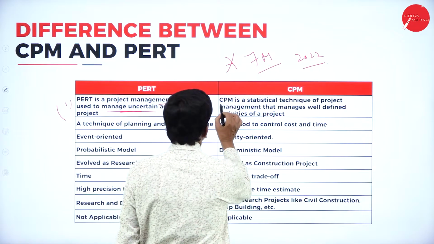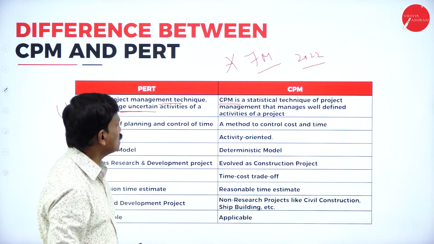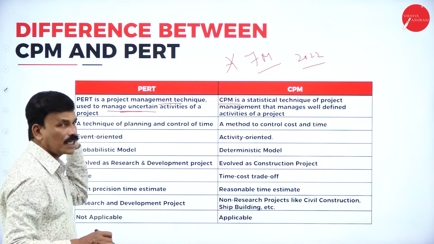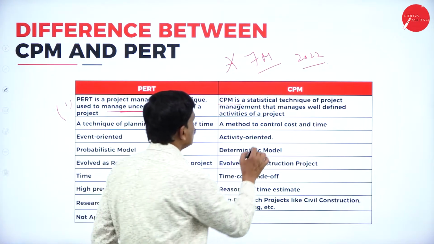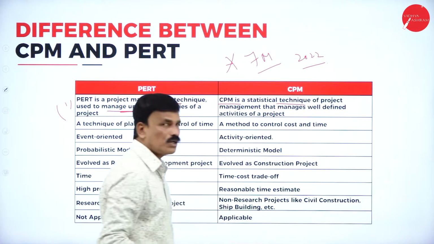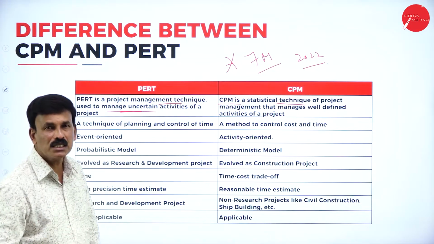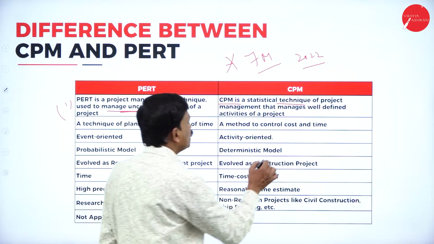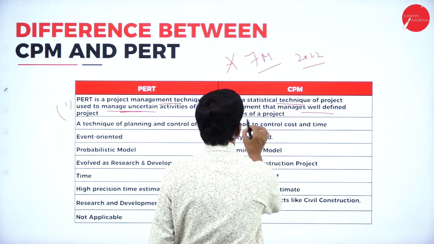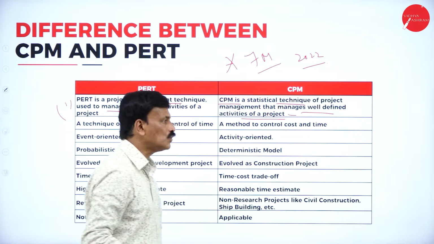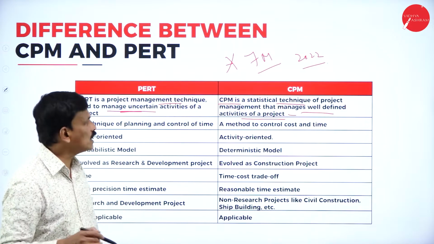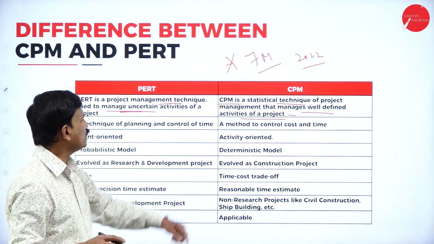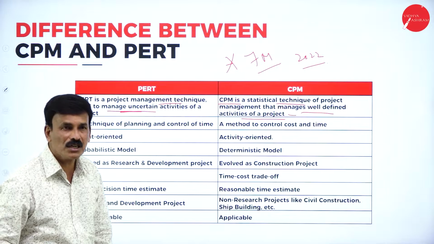Whereas CPM, the critical path method, is a statistical technique of project management that manages well-defined activities of a project.